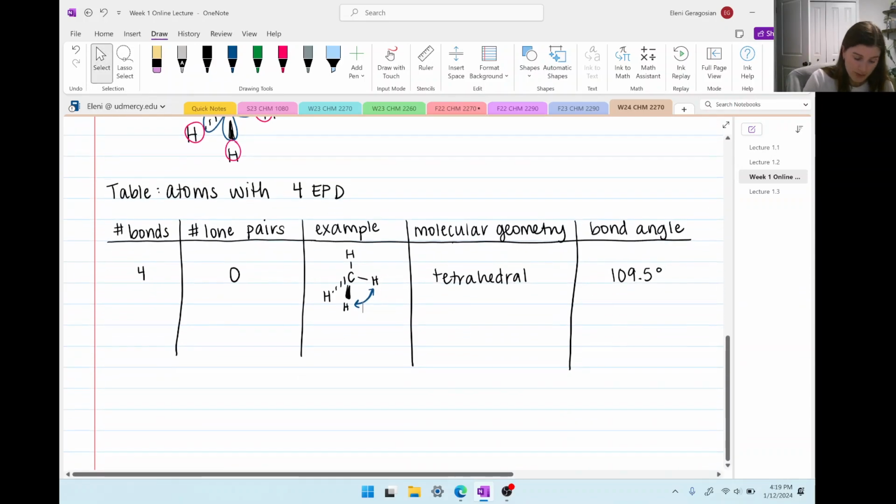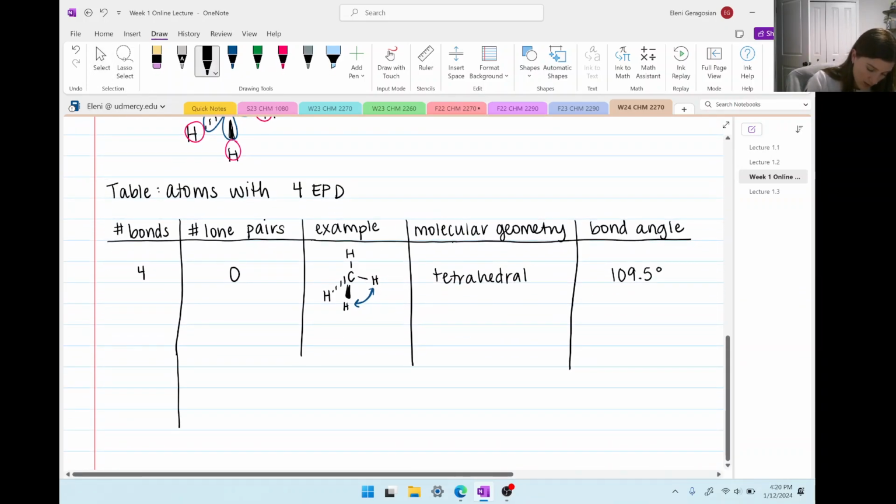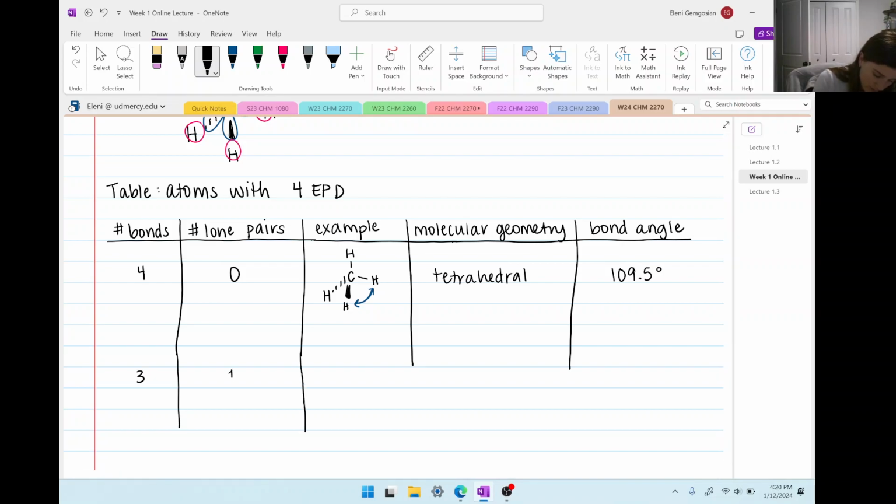Now if we have 3 bonds and 1 lone pair, an example is NH3, which we drew above. It has tetrahedral electronic geometry, but its molecular geometry is different. For molecular geometry, we're focused on the placement of atoms around the central atom.